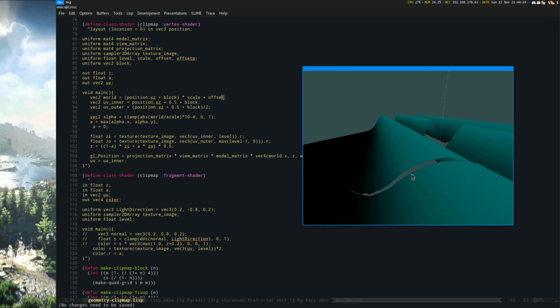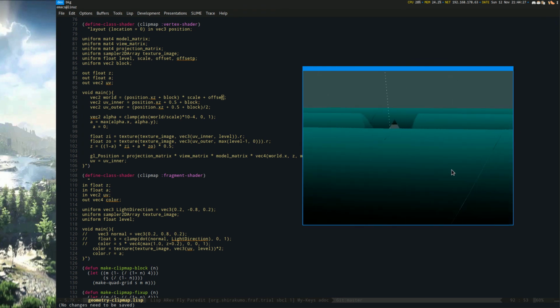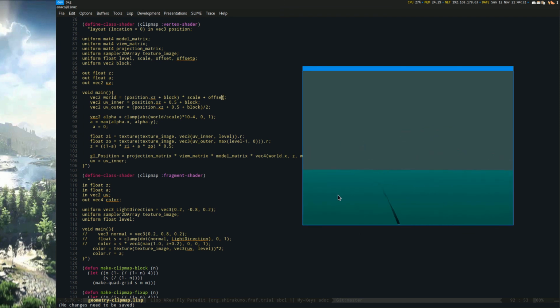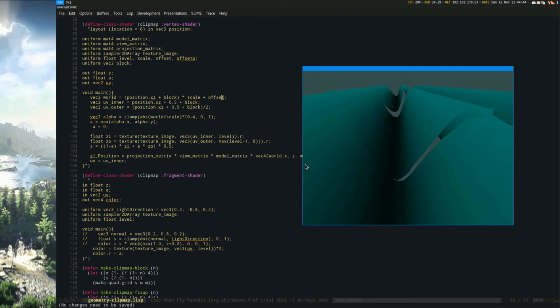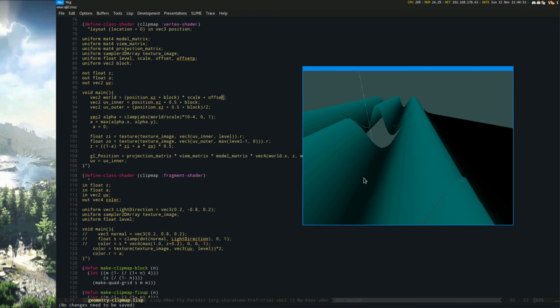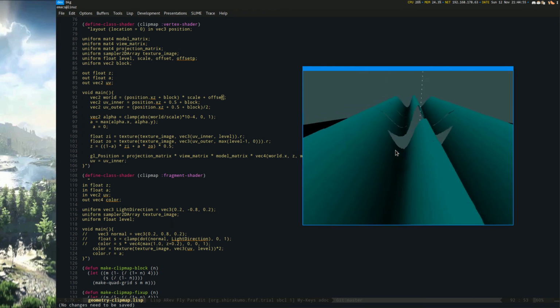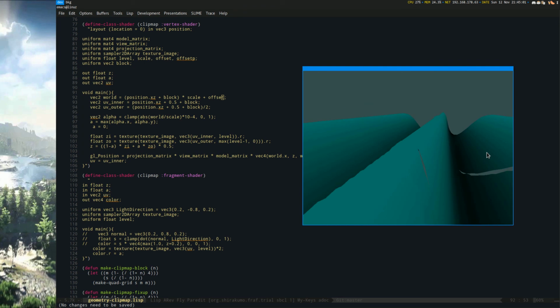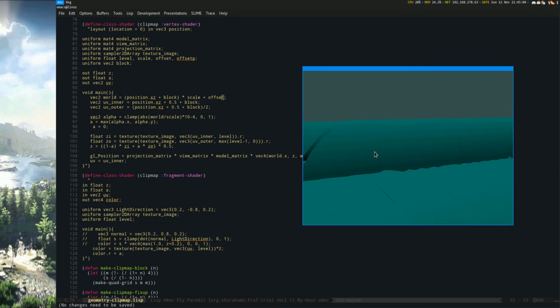That should also not be happening. Doesn't happen there. Or at least as much. Happens here though, and here. Doesn't happen here.